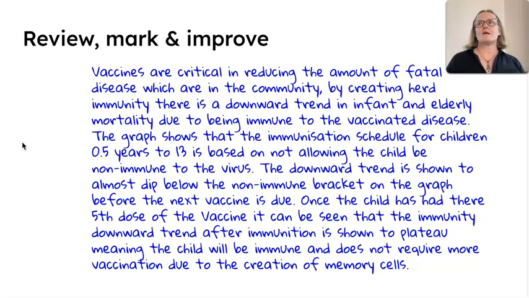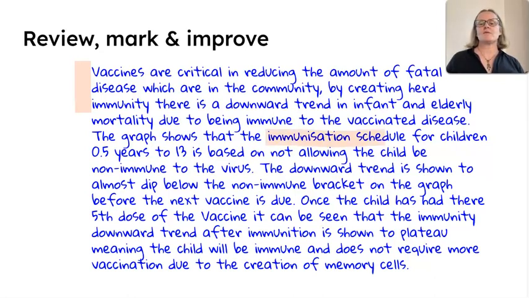linking the importance of vaccines to the reduction of disease using data. So they talk about vaccines are critical for reducing fatal disease, but they don't link that to the data in the question. But they do talk about the downward trend dipping below in terms of immunity and why the vaccine schedule is important.